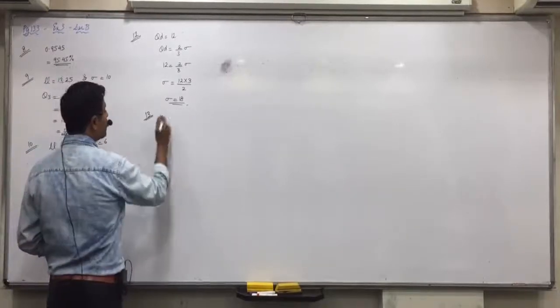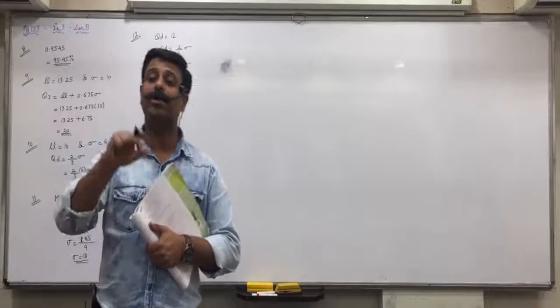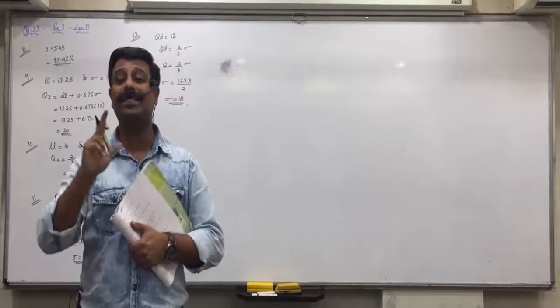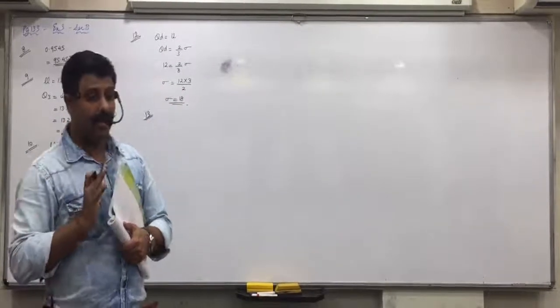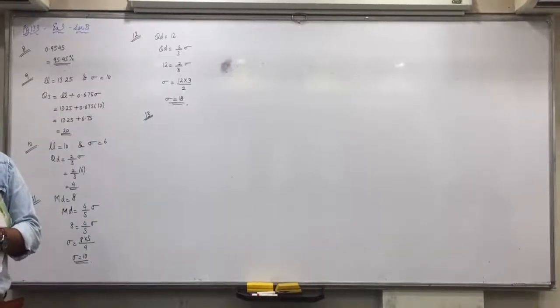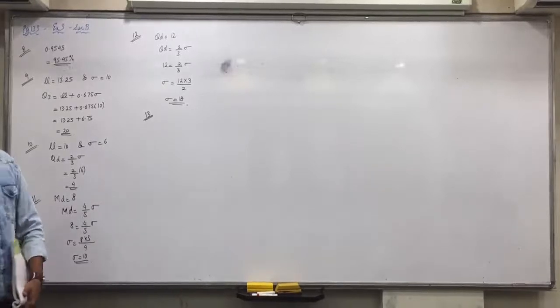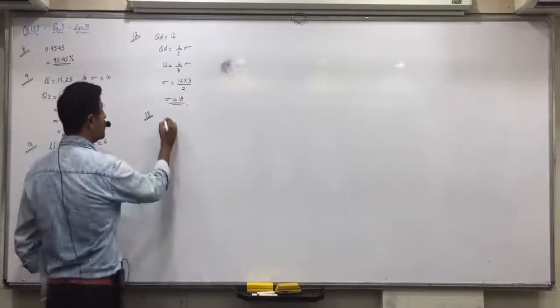Write down, limits means Z1 to Z2. That's why I asked you in the beginning, what is standard? Z. Here mu and sigma are not given. Only Z1 and Z2 are to be obtained. Let Z1 and Z2 be the limits of the middle 50% observations.